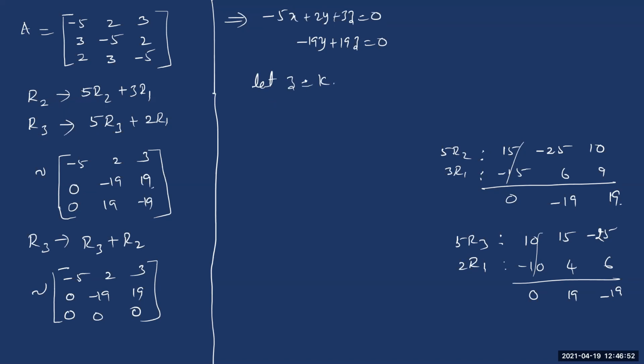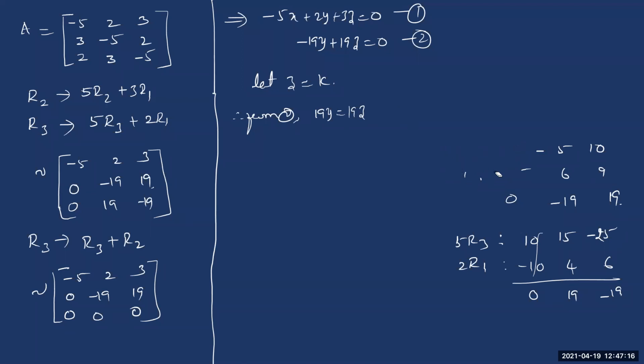Right, so when z is k, what happens to y? From the second equation, what you have there is 19y minus 19z equals 0. So you can write it as 19y equals 19z, and this implies y equals z, and therefore y is also equal to k.